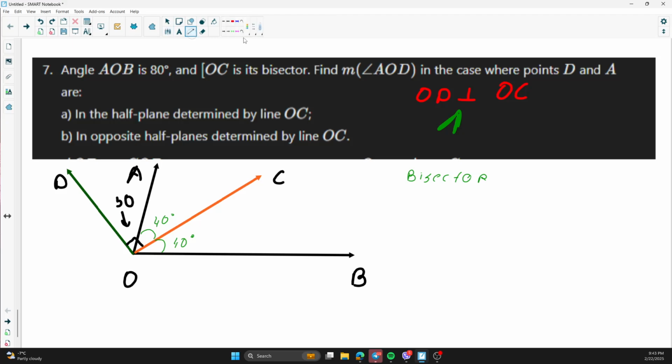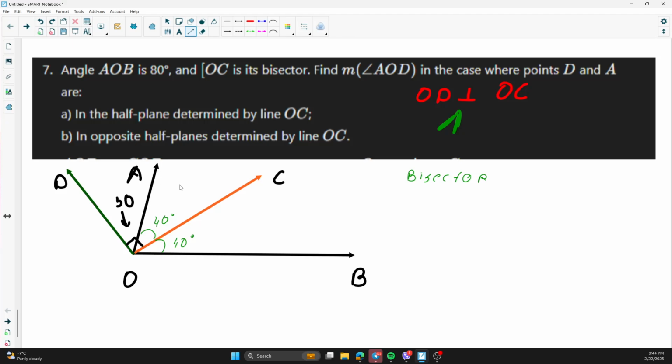Now the other case is when it's in the opposite half plane.